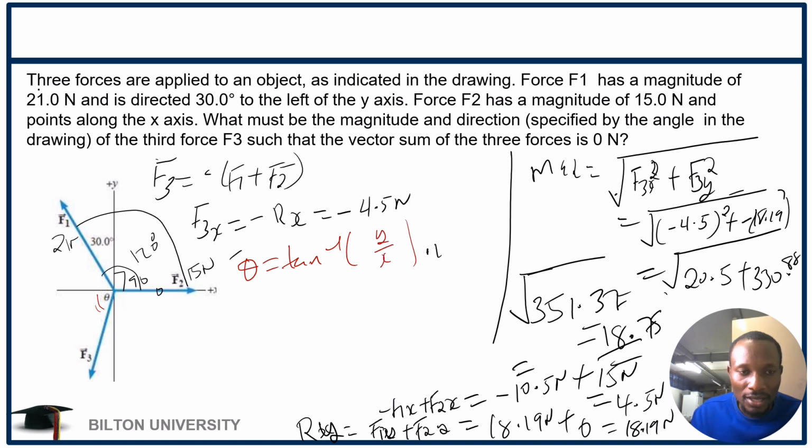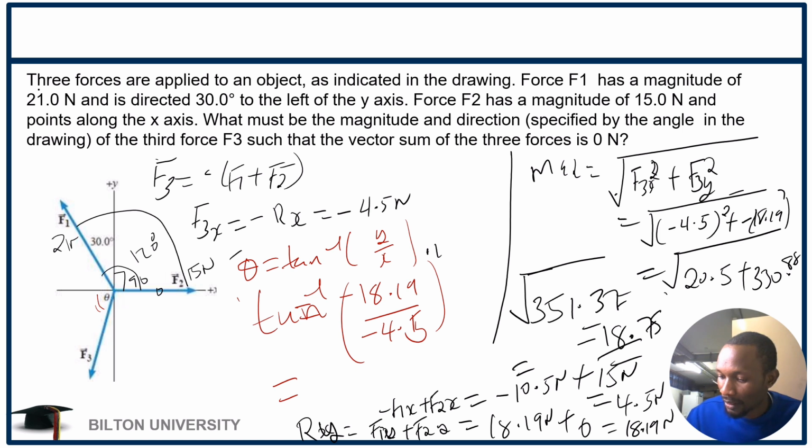In this case our y is minus 18.19 over minus 4.5. So it is tan inverse of 18.19 divided by 4.5, and that gives us 76.10 degrees. So it tells us that this angle here is 76.